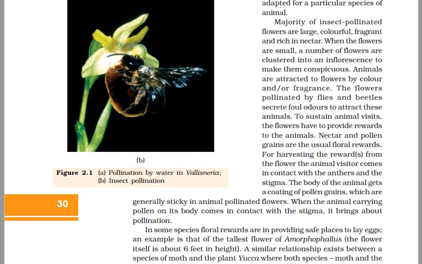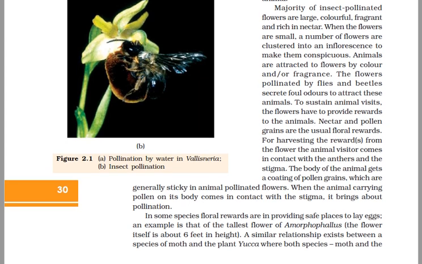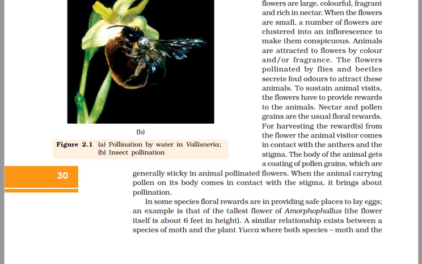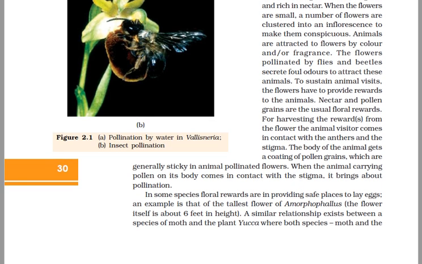Now in some species, the tallest flower is Amorphophallus. The flower is about 6 feet in height. Here you can see even they can get pollinated, and you see the relationship between the species of the moth and the yucca plant. Actually they show a symbiotic association with each other.